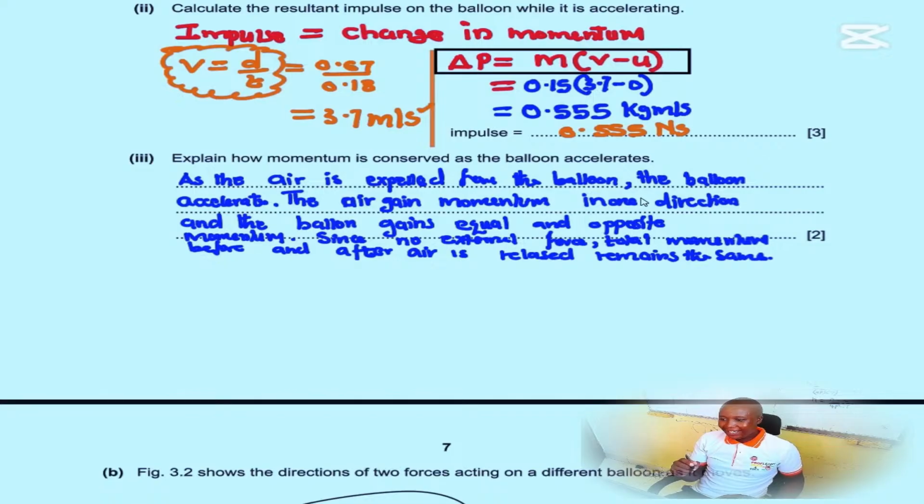As the air gains momentum in one direction, the balloon gains equal momentum in the opposite direction. Momentum is a vector quantity, so the two momenta cancel out. The balloon gets momentum in one direction and the air gains momentum in the opposite direction, but of equal magnitude. So momentum is conserved in that particular case.